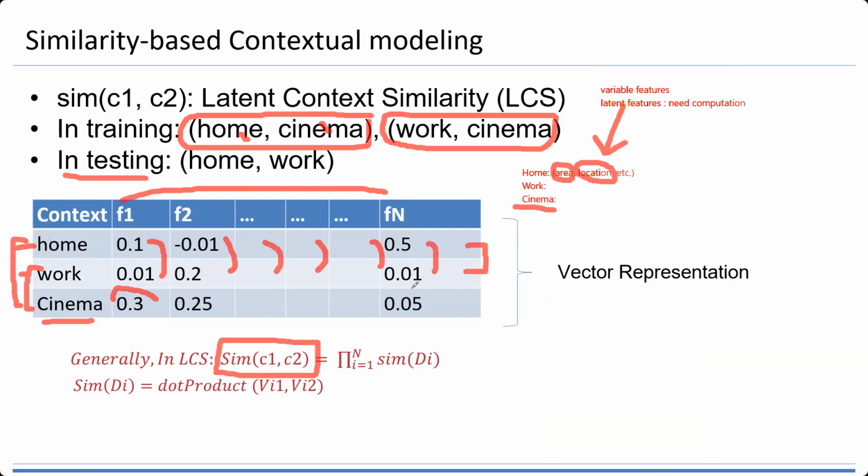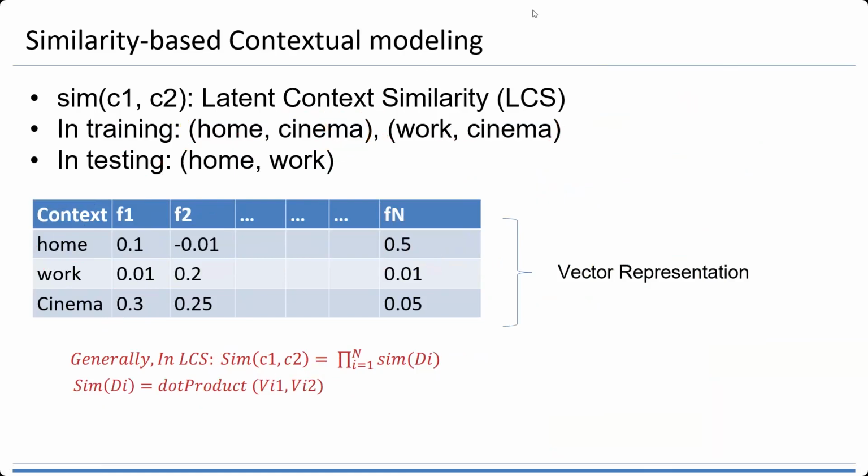So we can make something like cross validation. If the training now is home cinema, work cinema, and the testing is home and work, then in the next round we can change to home cinema and home work for the training and work cinema for the testing, and so on.